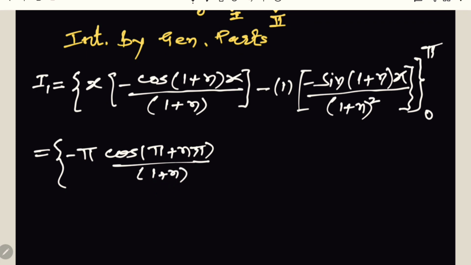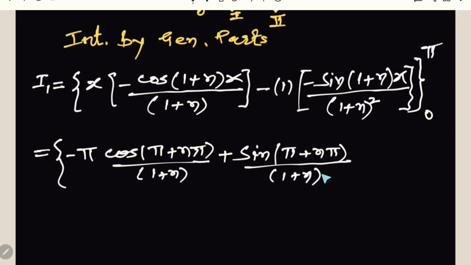Calculations are very simple if we go step by step. And plus sine of pi plus n pi whole divided by 1 plus n whole square. And for lower limit, as x is 0, that term becomes 0, and sine 0 is 0, therefore second term is also 0, means for lower limit we get 0 plus 0.